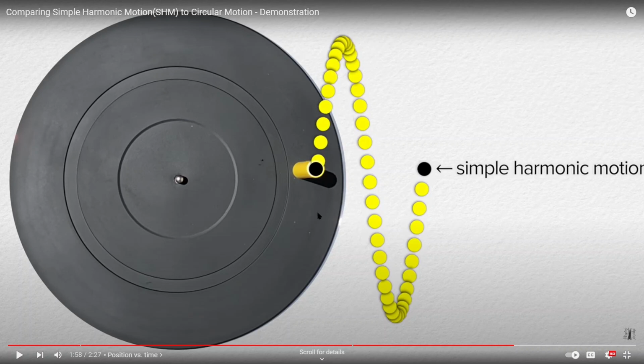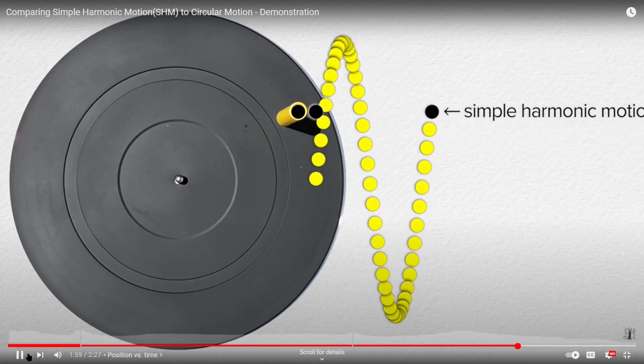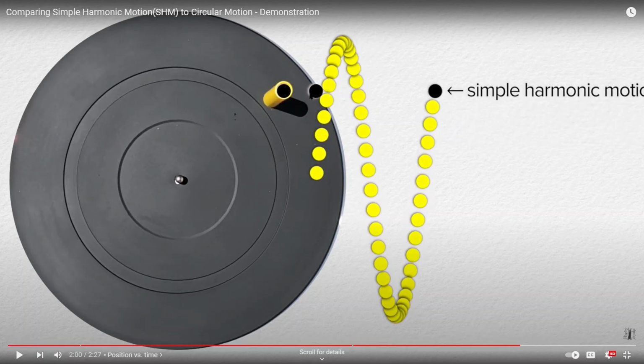As you can see, this is the y component. You see the black dot here is the y component of this circular motion. If you look carefully, this black dot is like a simple harmonic motion. It is the y component of this circular motion.